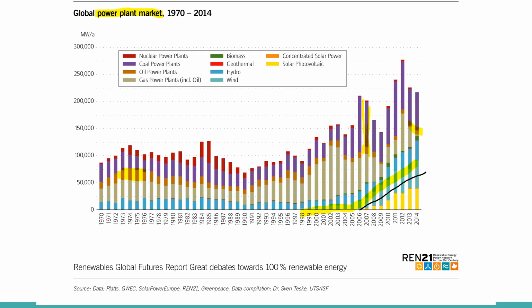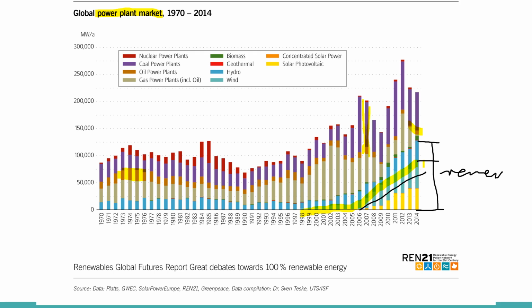And today, if you look into the market, 2014, but it's still growing, half of the investments is going into the deployment of wind and solar. And if you add hydropower or another renewable source, you see that most of the deployment is renewable.